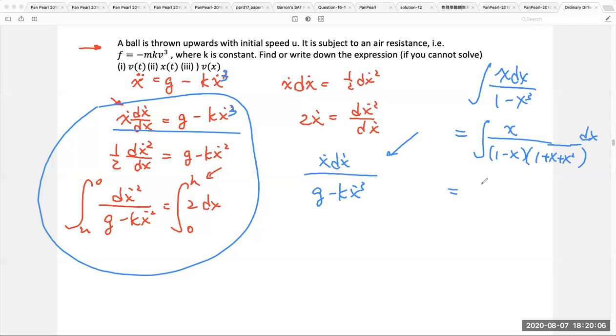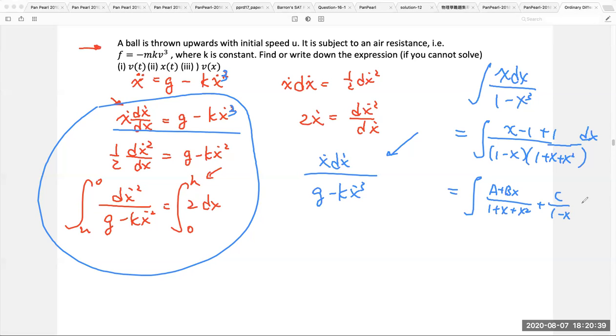You can minus 1 and plus 1 here, so what you get is negative 1 over this one. It will have the form like this one, but we don't waste time to solve it.